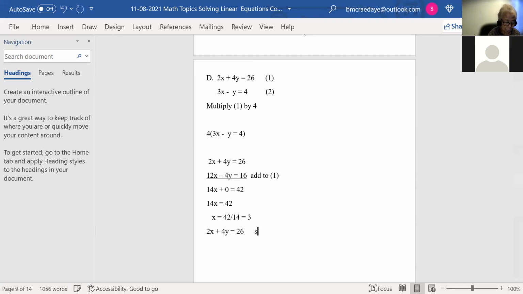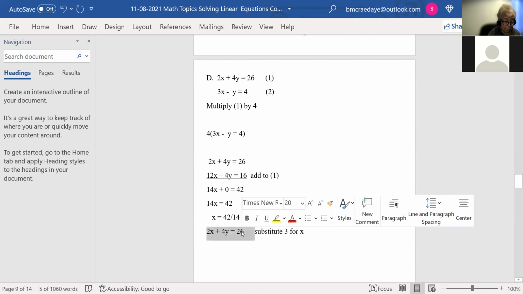Now substitute 3 for x. So do that and tell me what you get. Every time we see an x, we put 3, right? That's it. And that 2x means you're multiplying 2 times x.